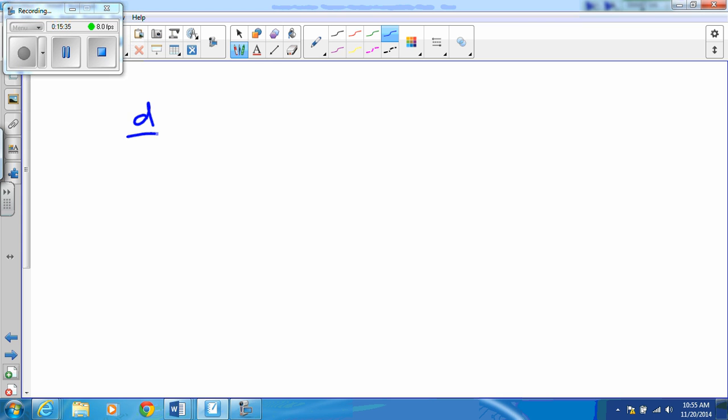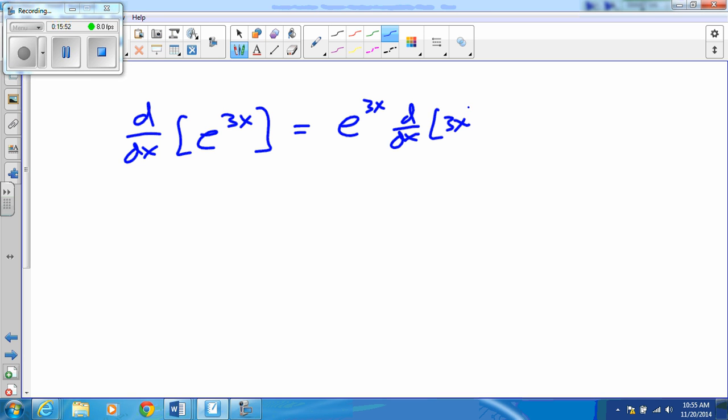Well, the last thing that I want to do is to consider how this works out with chain. So, for example, what if I have the derivative of e to the 3x? Well, using our chain rule, that should be the derivative of e evaluated at 3x times the derivative of the inside, which is going to be 3 e to the 3x.